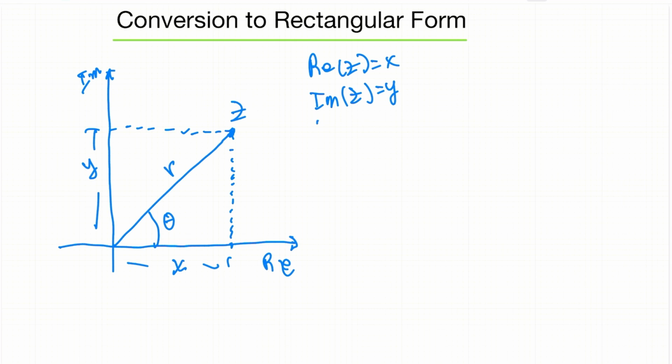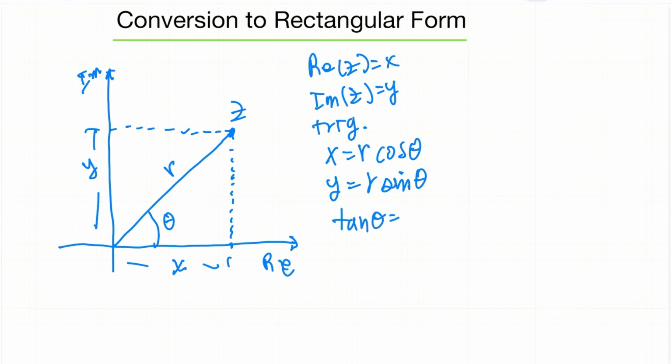And so from trigonometry, we know that x is equal to r cosine theta, just from the basic definition of the cosine. And we know that y is equal to r sine theta, also from the definition of what a sine of an angle means. And then the tangent of theta is just equal to the imaginary part of z divided by the real part of z. So that's just going to be y over x. So there we have some relationships.